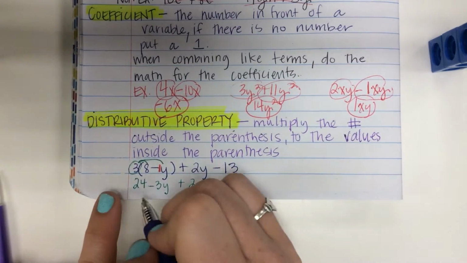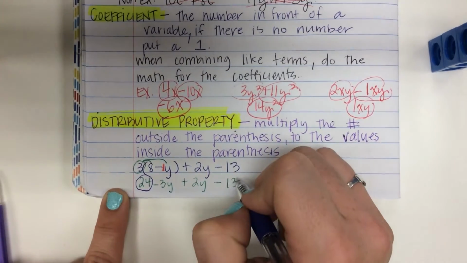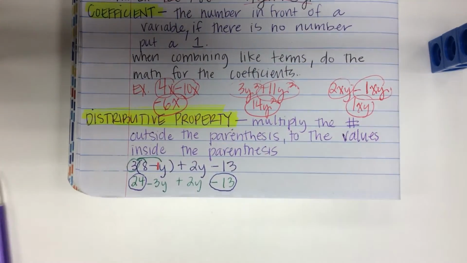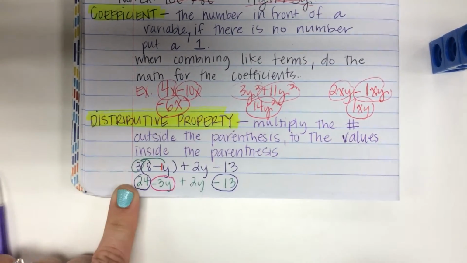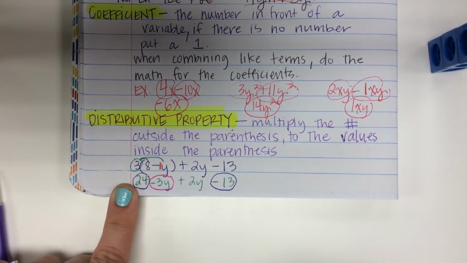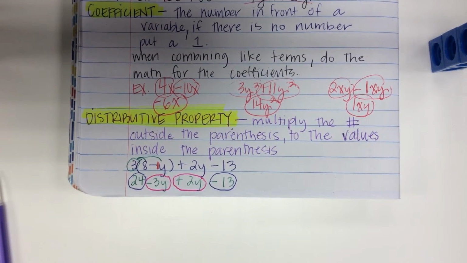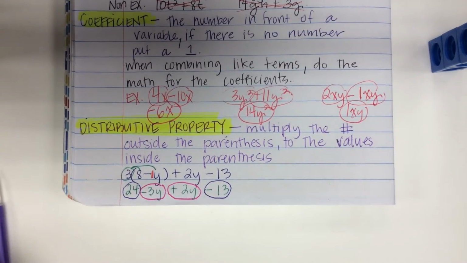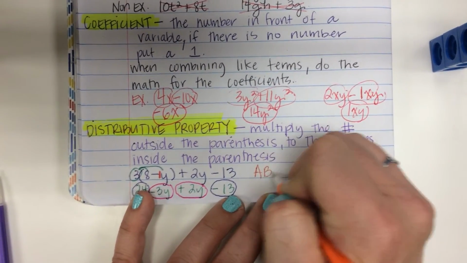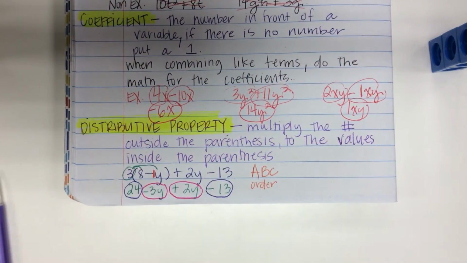Now I can combine like terms. 24 is going to get paired up with what? Negative 13. And negative 3y gets paired up with positive 2y. It's nice to try to be as mathematical as possible, so we're going to put it in ABC order. Variables go first. I only have one, so that's easy.